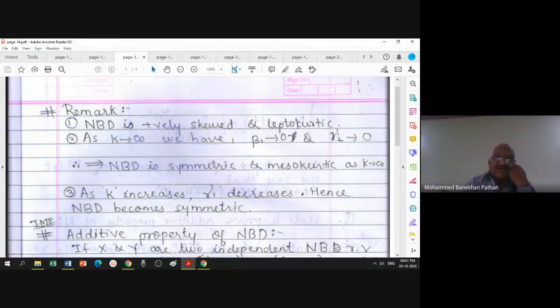Positively skewed, negatively skewed, symmetric, and none of these. So you have to tick the mark answer for k goes to infinity, NBD becomes symmetric. So such type of remark in the notes are very important to solve multiple choice questions.